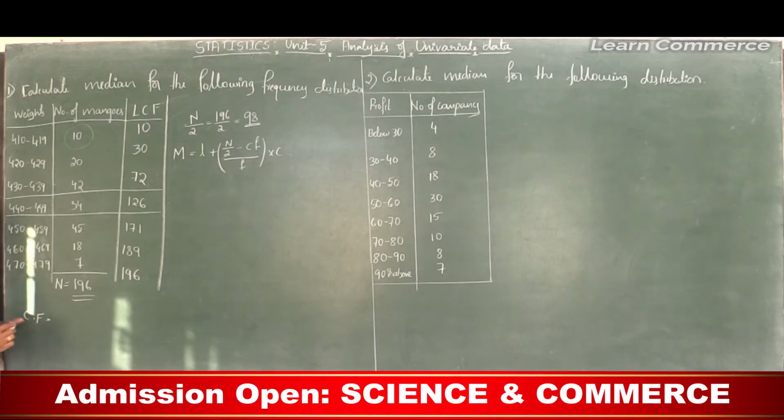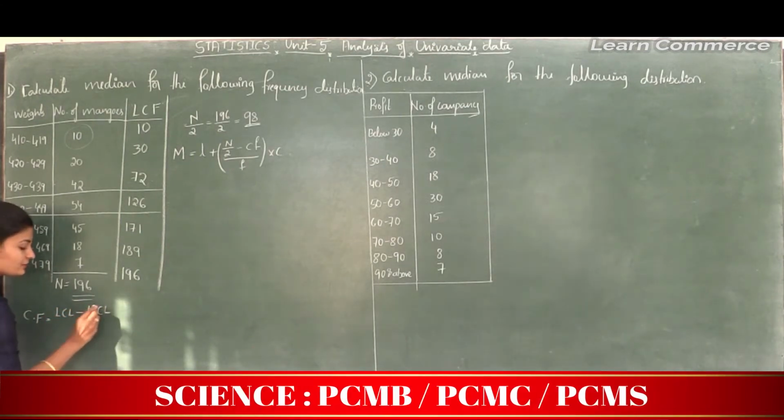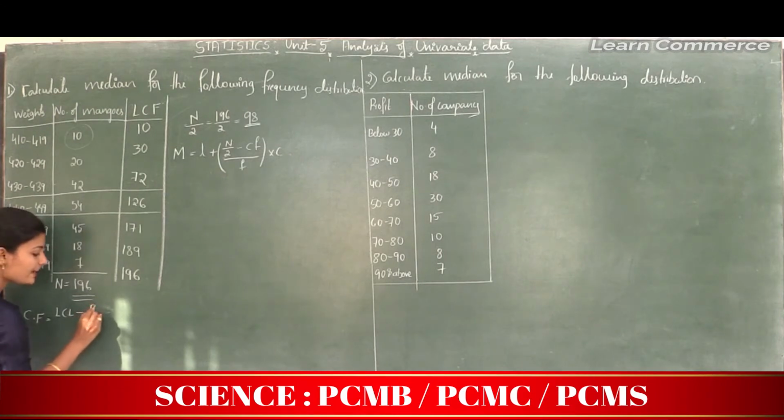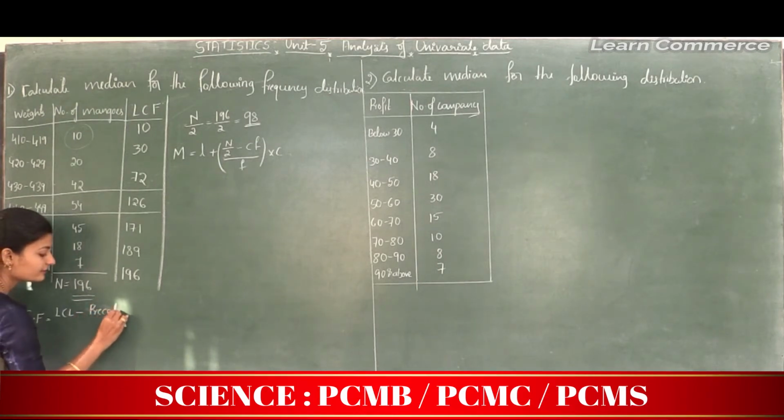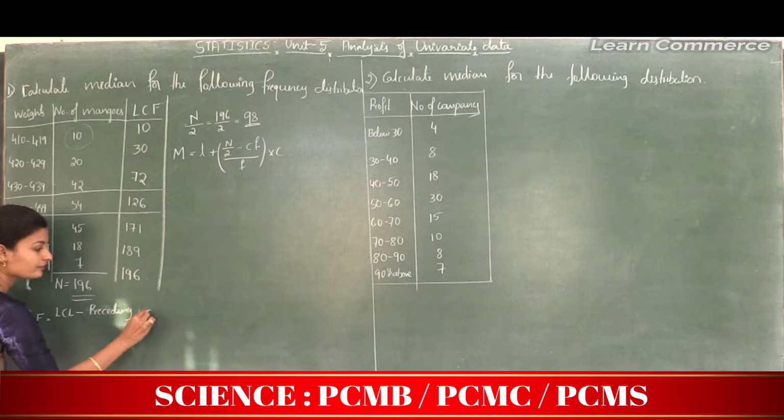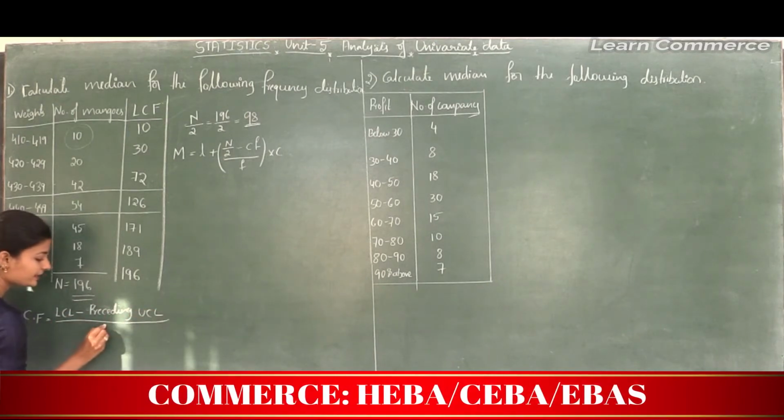So, the correction factor formula is lower class limit minus preceding upper class limit, divided by 2.